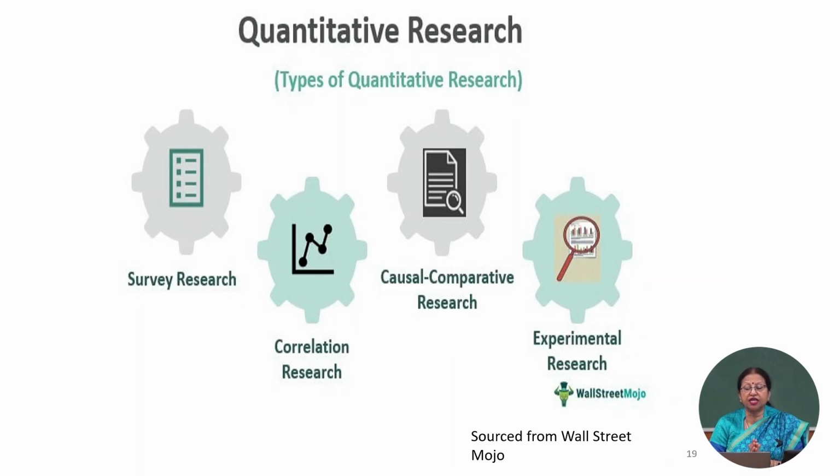Survey research can give some correlation. Correlation research can give causal comparison between the research methodologies, and that could lead to design and experimental research which will be very concrete and very well designed.